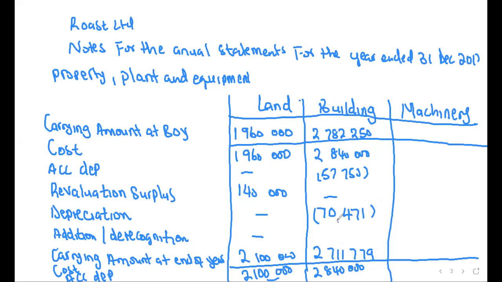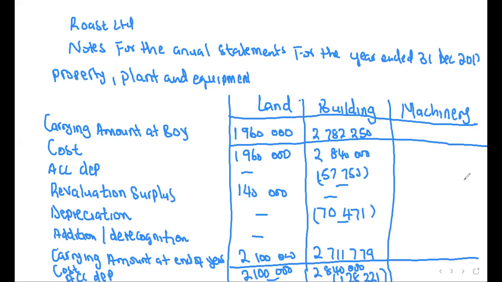Accumulated depreciation, you add this one plus this one: 57,750 plus 70,471 is going to be 128,221. So that is going to be the accumulated depreciation.